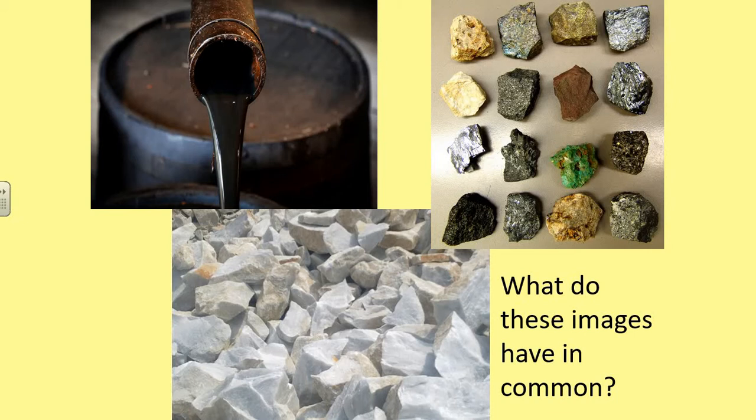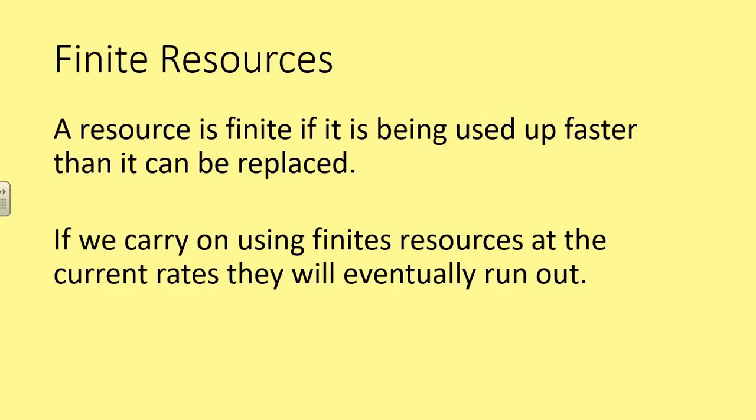So each of these resources shown on screen here are what we call finite resources. Now finite is essentially the opposite of infinite. If something is finite, it means that it will run out at some point. Now we need to be able to define it really carefully. So when we're talking about finite resources, we say it's finite if it's being used up faster than it can be replaced.